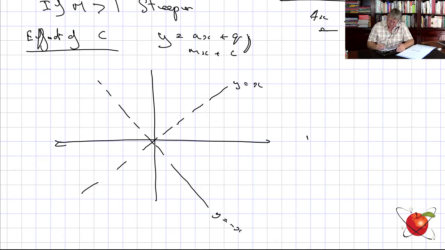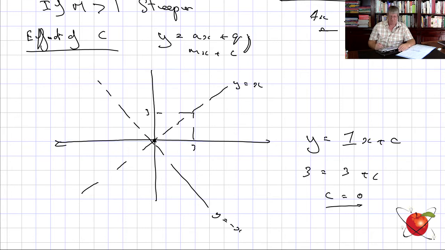So that is y is equal to 1x plus c, right? Now let's just take a point here. Let's say it goes through the point 3, 3, right? So if x is 3, y is 3. So 3 must equal 3 plus c. Therefore, c is equal to 0.